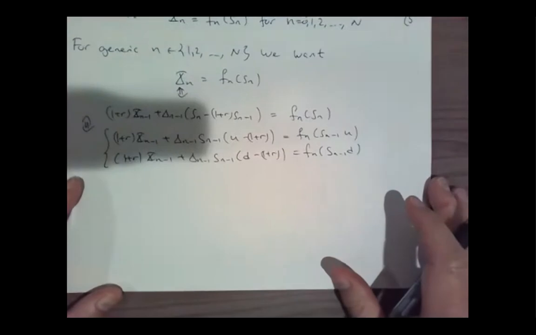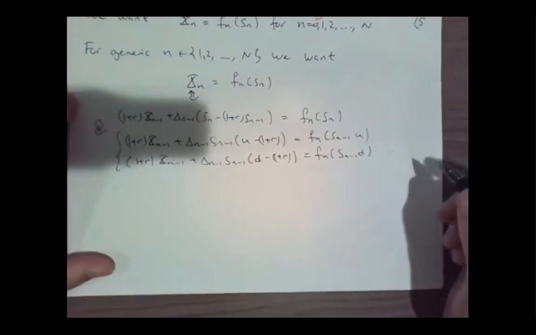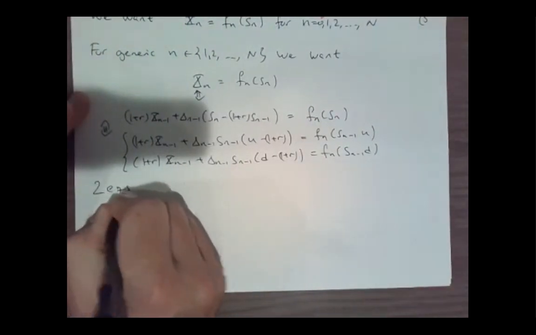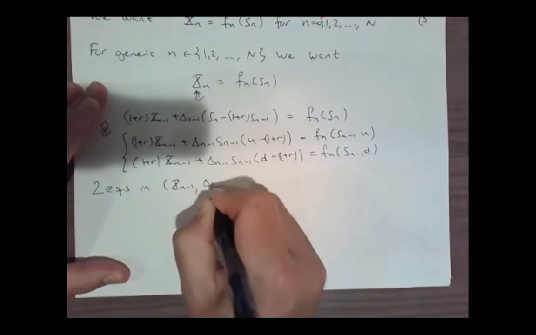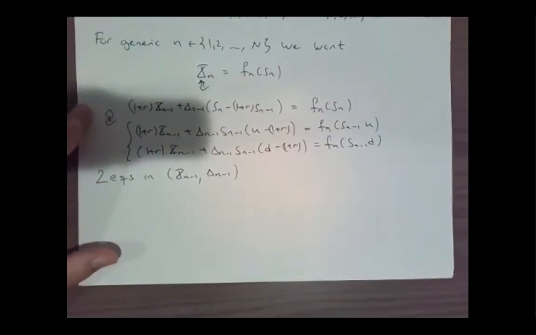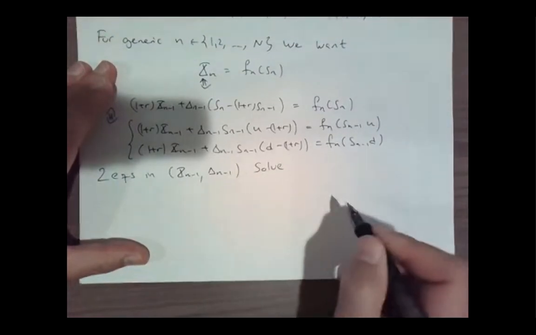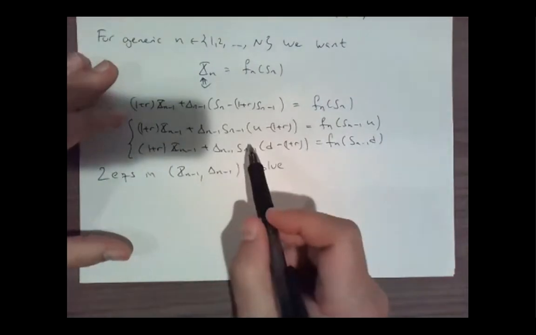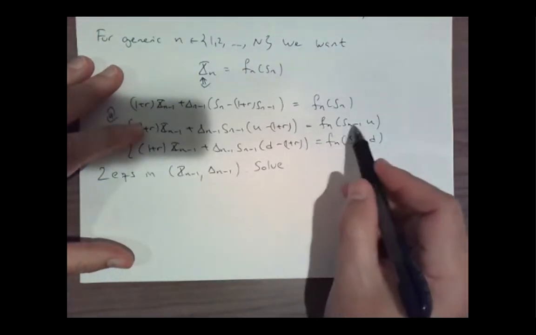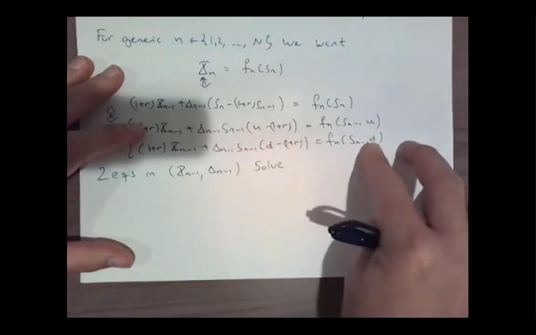We've seen these equations, these two linear equations in two unknowns, x_{n-1} and delta_{n-1}. And we solve. Let me see if I can solve these equations without messing up. I'll move this term to the other side, and equate them.